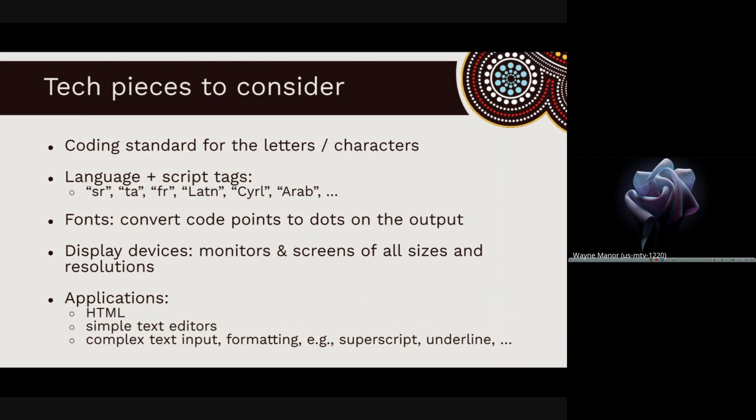The first thing that's important is that we have to have a coding standard for the letters and the characters. And the one that seems to be almost everywhere now is Unicode. It's not the only way of representing text, but it is the one that is in some sense winning, especially since the advent of mobile devices in your pocket. Every mobile device here has the Unicode standard built into it. Before 2007, that was not necessarily the case.